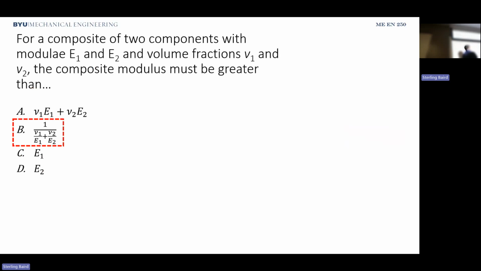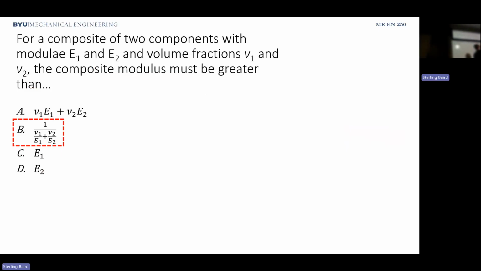So what's our isostrain equation? It's A: nu sub 1 E1 plus nu sub 2 E2. So that's our upper bound. And then our lower bound, what's our starting equation?